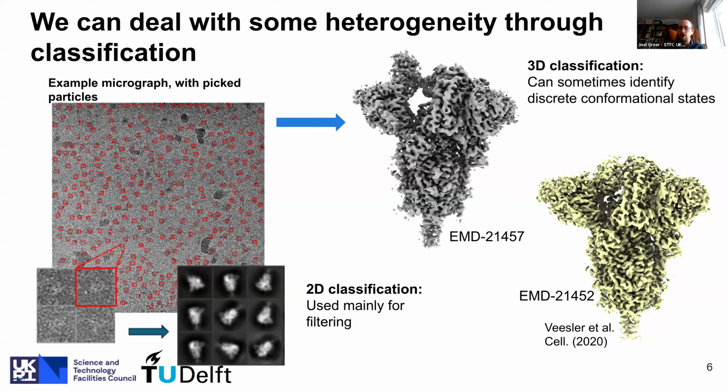You can then align all of your particle images against these n density maps and determine which class a particle is most likely to be a part of. And by repeating this iteratively, you can potentially find discrete conformational heterogeneity in your data set. So, for instance, you might be able to observe the difference between an open state or a closed state of the SARS-CoV-2 COVID spike trimer.